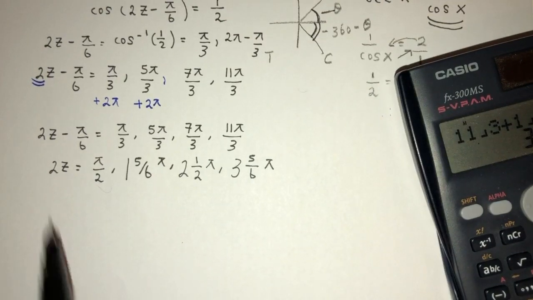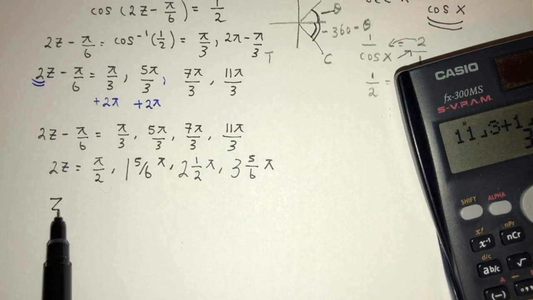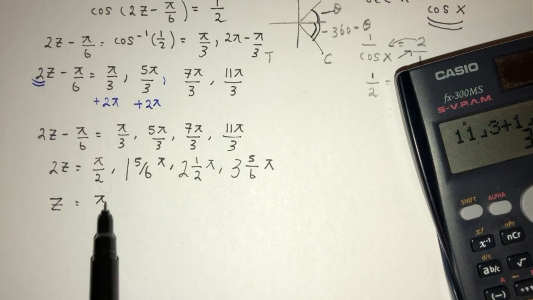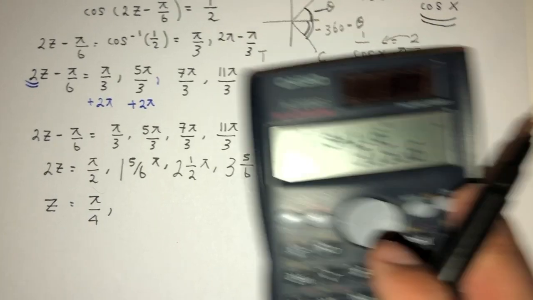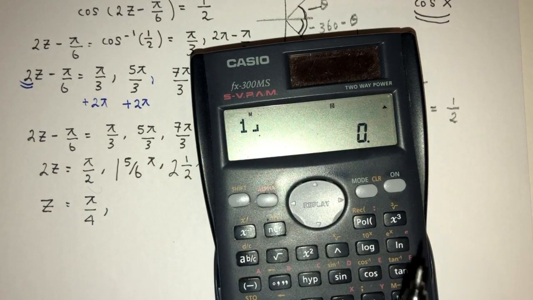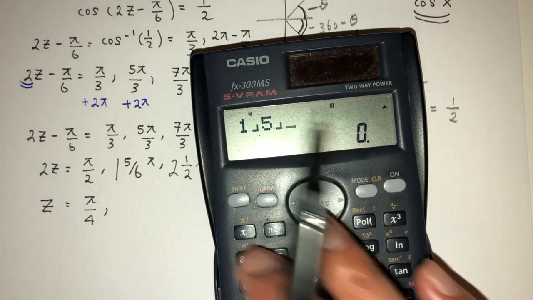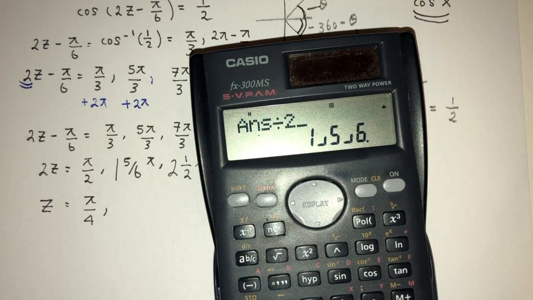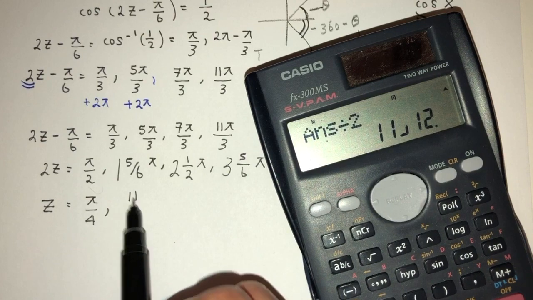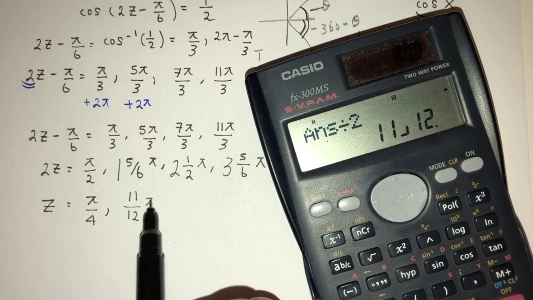Now we want to find the value of z, so we have to divide by 2 everywhere. That will be pi by 4. So 1 and 5 over 6 divided by 2, that should be 11 over 12 pi.